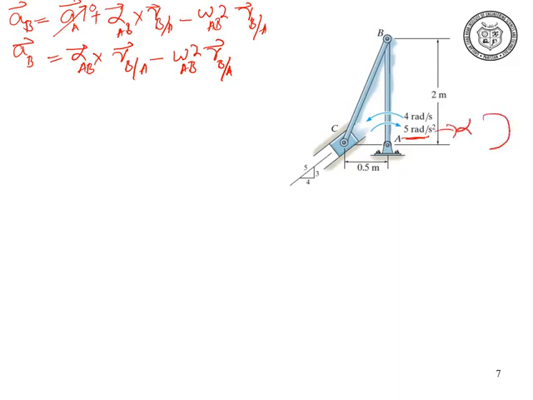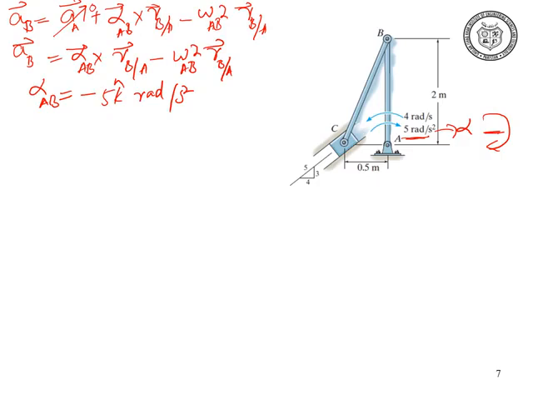As it acts in the clockwise direction, and our convention is that clockwise angular velocity or acceleration is negative, alpha AB becomes minus 5k radian per second square.